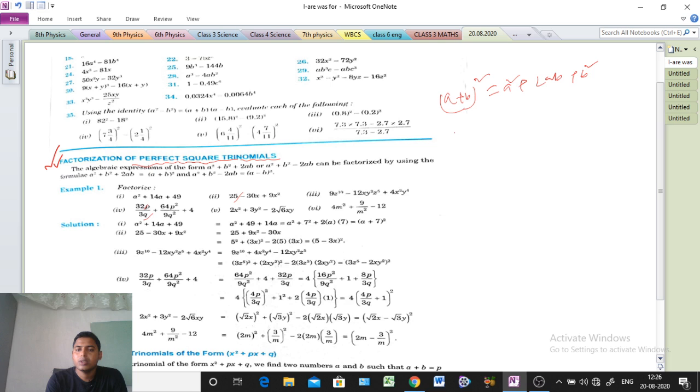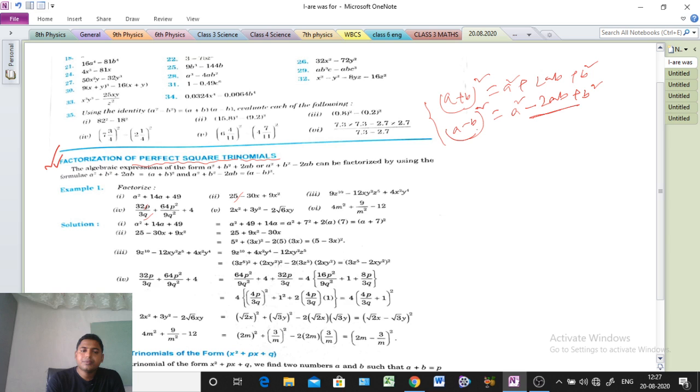These two formulas are very important. In a plus b whole square all signs are positive, but here a negative sign is there in the middle, so it comes in the middle. One positive, next negative, positive, negative, this way it will come. Understood?